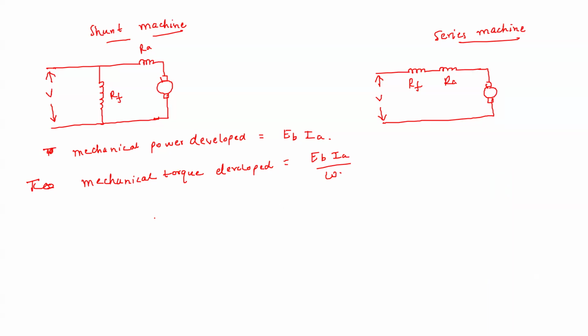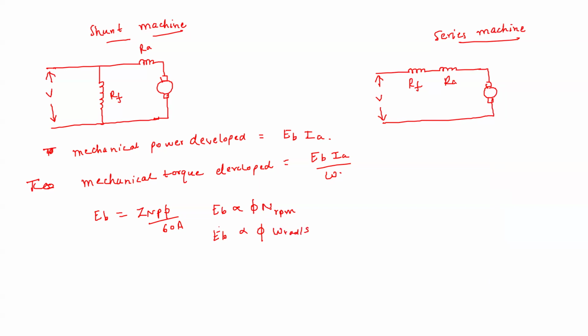Now we know in the expression of EB that EB is ZNP phi by 60A. So EB is proportional to phi and N. N is in RPM. Similarly, EB will be proportional to phi into omega in radians per second also.